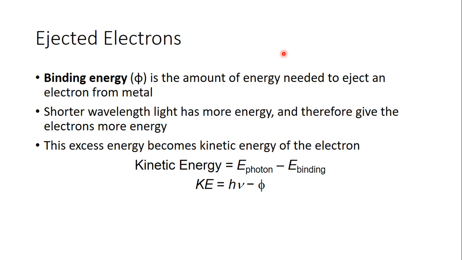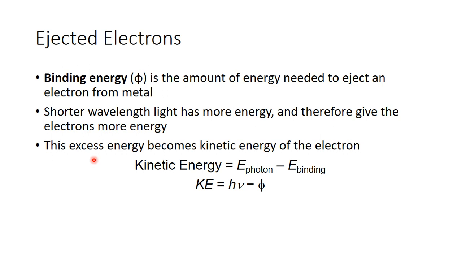Let's go back to the photoelectric effect. The amount of energy you need to put in to eject an electron is called the binding energy. Shorter wavelengths have more energy, so they give more energy to electrons. The light comes in with a short wavelength and a lot of energy, hits the metal, and transfers that energy to the electrons in the metal.